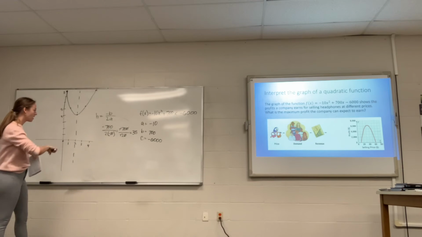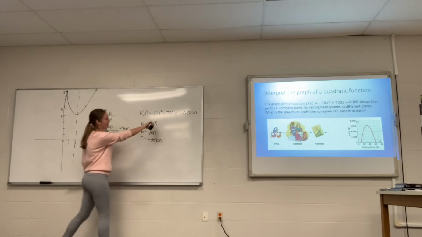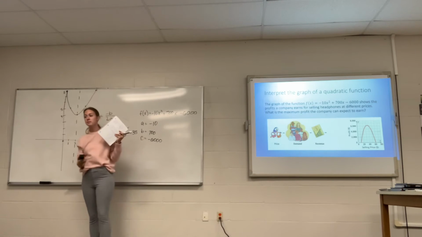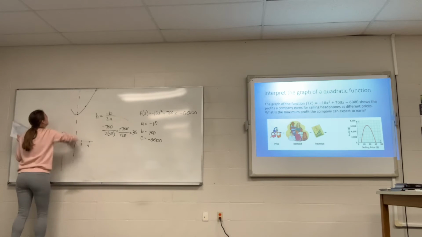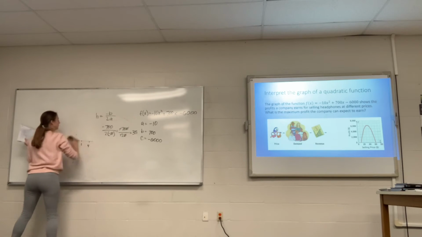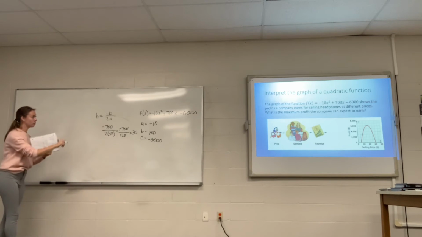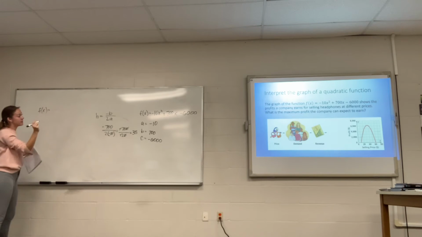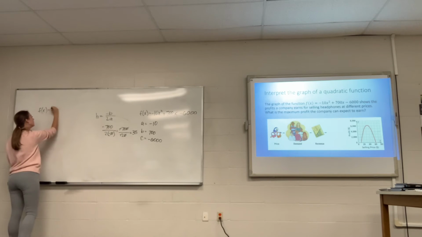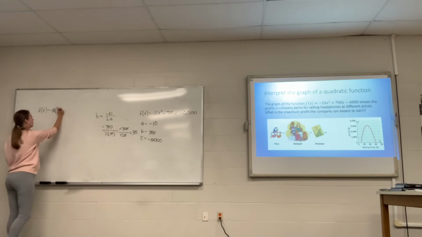Okay, so now once I have the x coordinate, all I have to do is plug that 35 back in for my x's in my equation so that we can find the y coordinate. So I have negative 10 times x squared, but I'm going to plug that 35 in for my x.